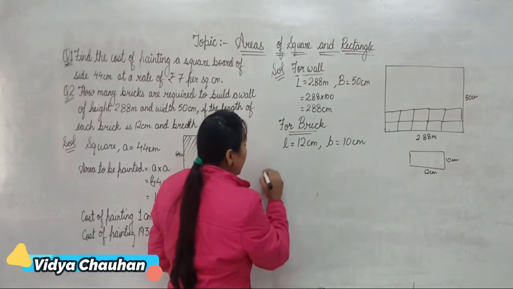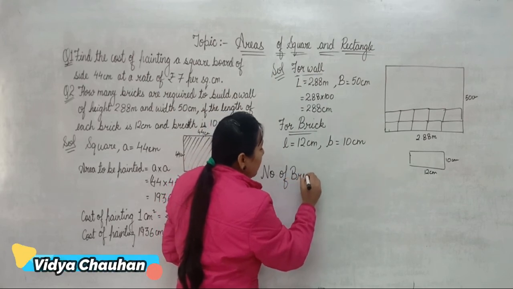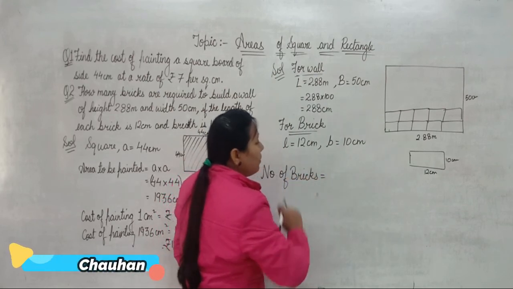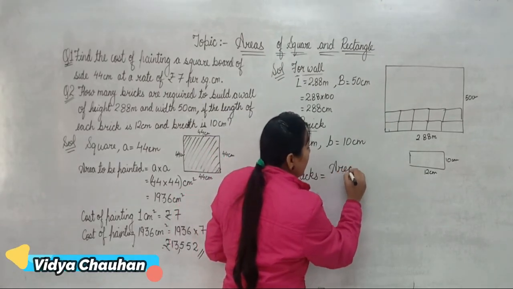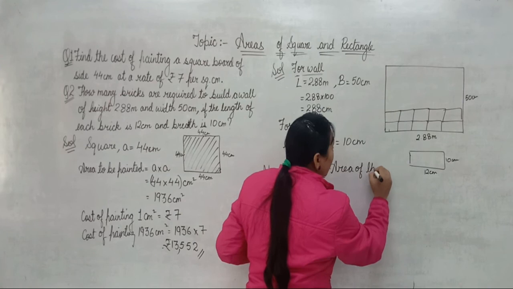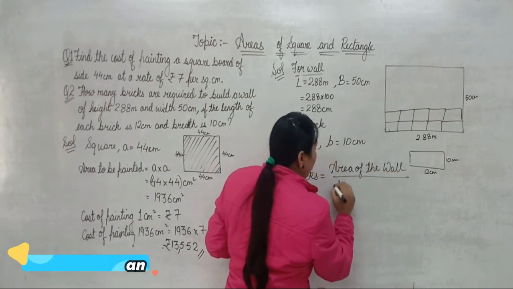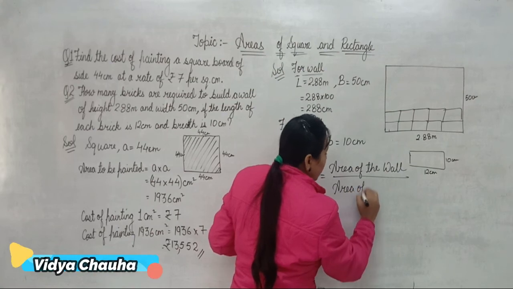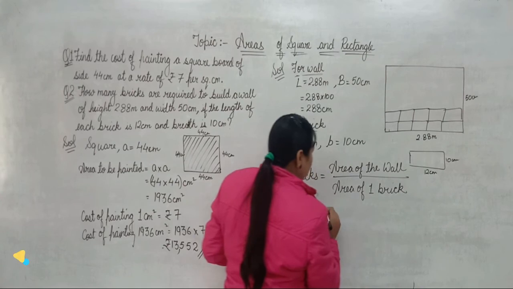Now you have to find the number of bricks required. So to calculate the number of bricks required here, what we will do? We will divide the area of the wall by the area of one brick.